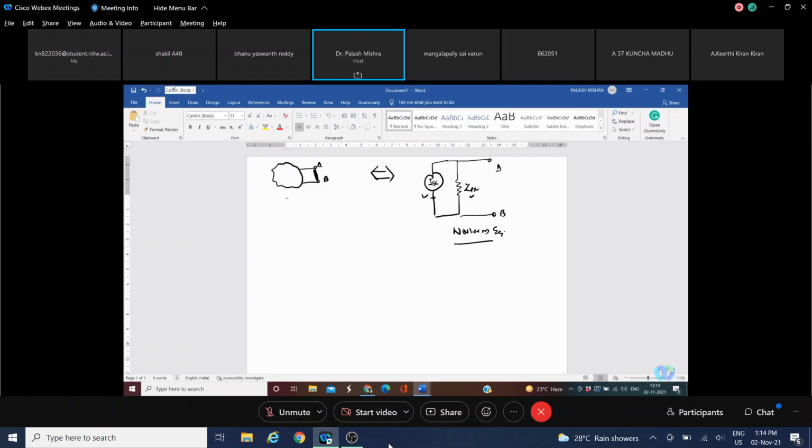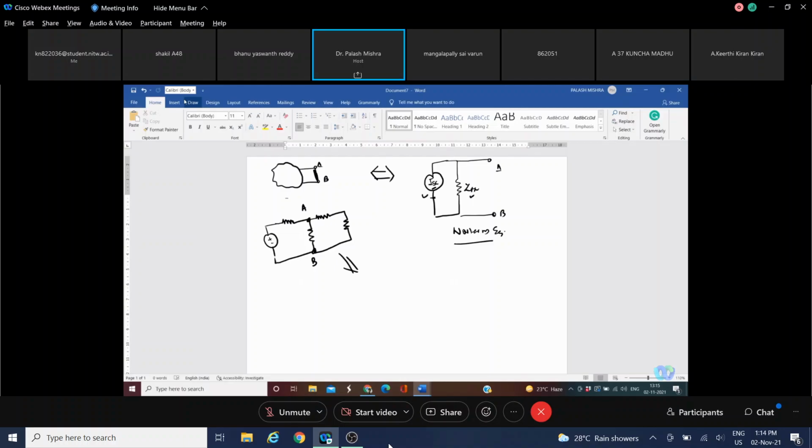In the previous diagram, I have shown you this kind of figure, and it was told that you have to find out the Norton's equivalent across A and B. So for finding the ISC, you have to find the short circuit current through this terminal.